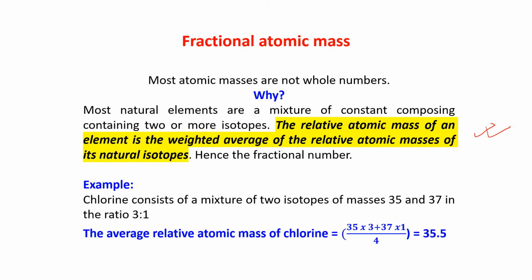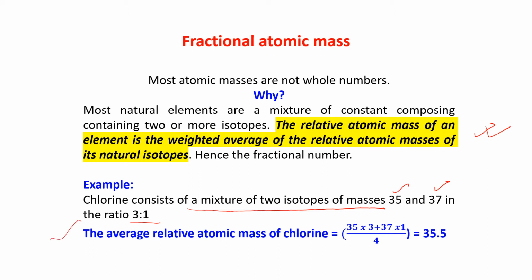Like chlorine consists of a mixture of two types of isotopes which have masses 35 and 37, and we are getting 35 and 37 in the ratio 3:1. That means 3 parts of 35 and 1 part of 37. We are getting chlorine in this form, two isotopes.